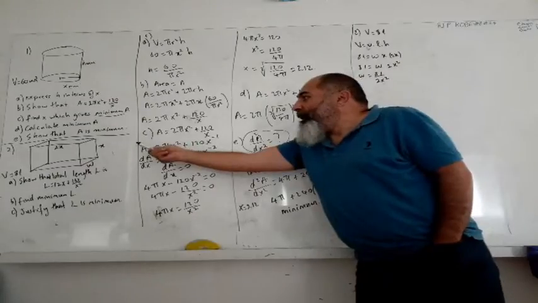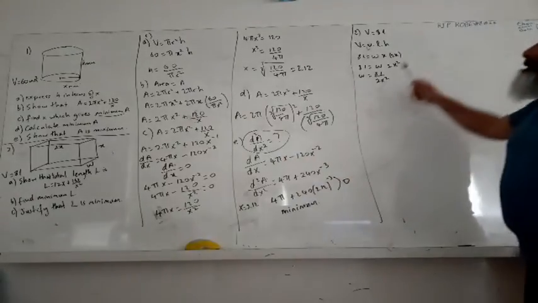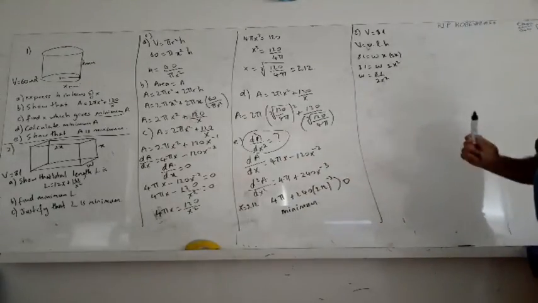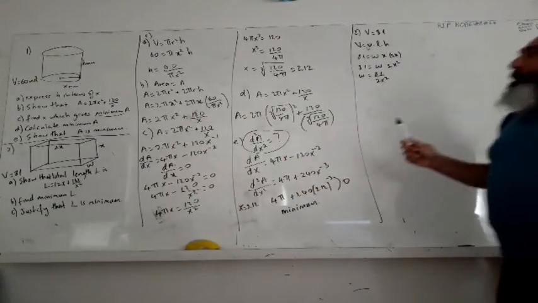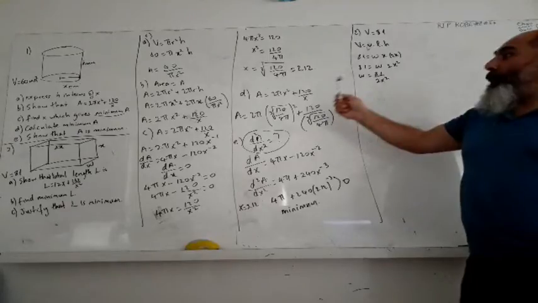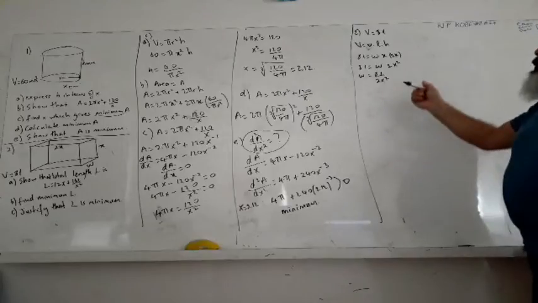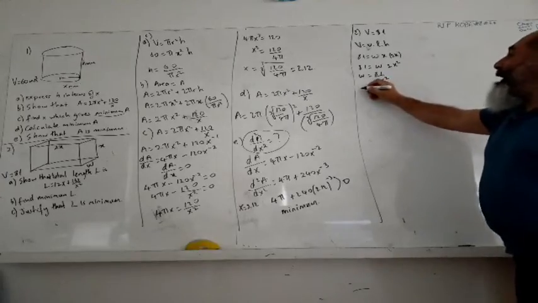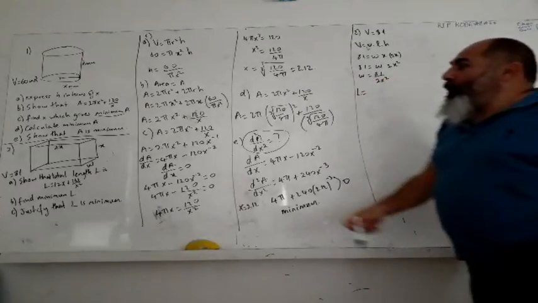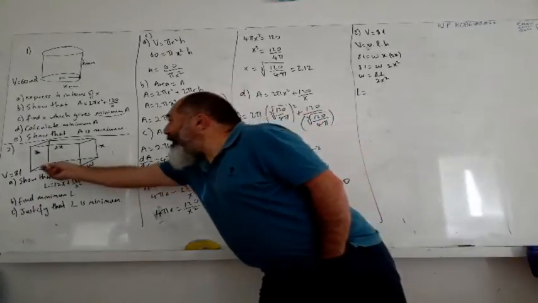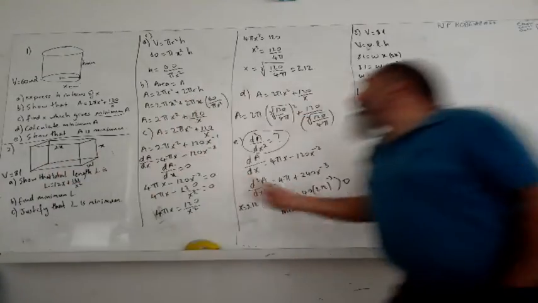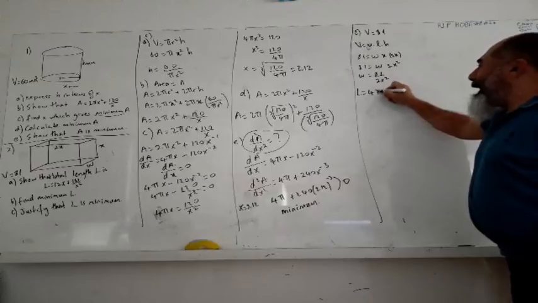As we did in question 1, we found height in terms of x. Now, what is the total length of the rectangular box? We have 1, 2, 3, 4 heights, so we have 4x. We have 1, 2, 3, 4 lengths, 4 times 2x.